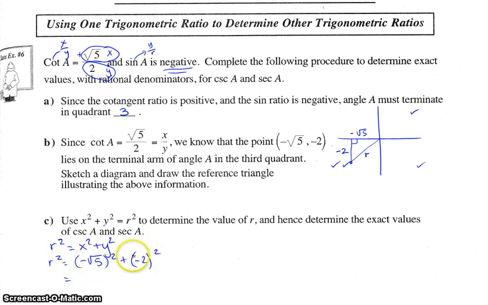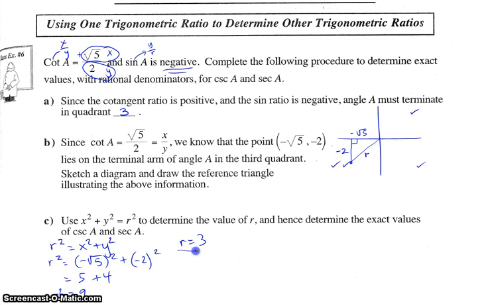Simplify that. Make sure you have brackets around these things, because otherwise you're actually going to get a negative when you square a negative rather than what you should get, which is a positive. Okay, so we should end up with 5 plus 4, which is 9, and therefore that's r squared, so r would equal 3.